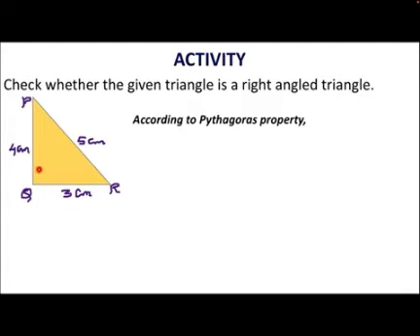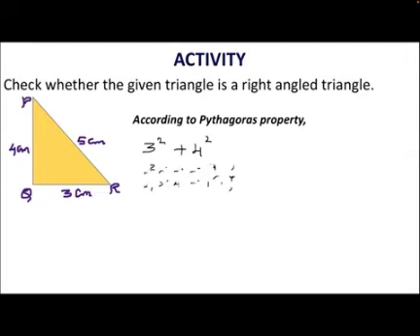Now, here in this triangle, nowhere is the right angle mentioned. How are we going to prove it's a right angle triangle or not? Only by checking if the Pythagoras property holds true. How are we going to check? We are going to write the squares on the hypotenuse and the legs and check.